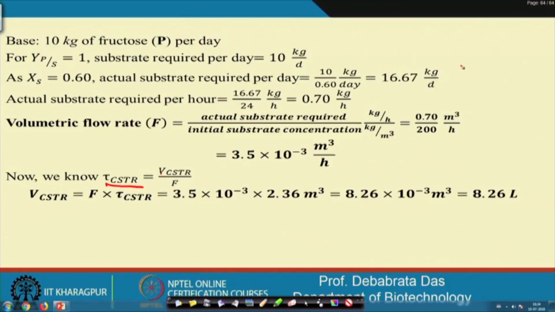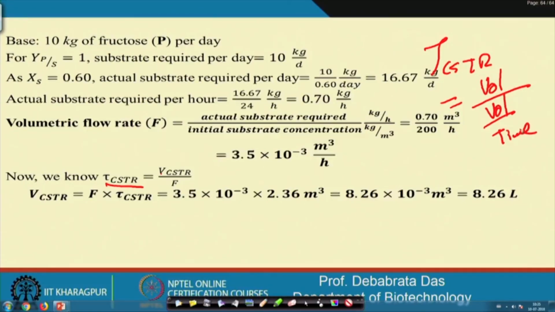So tau CSTR is equal to volume of the reactor divided by volumetric flow rate. The volume will cancel, so this will be time. Am I right? So what you have to find out is the flow rate.